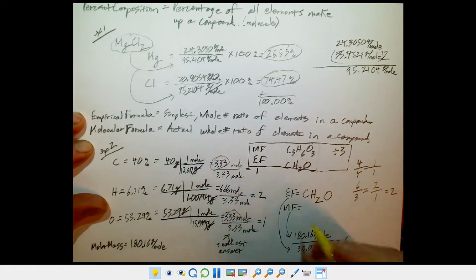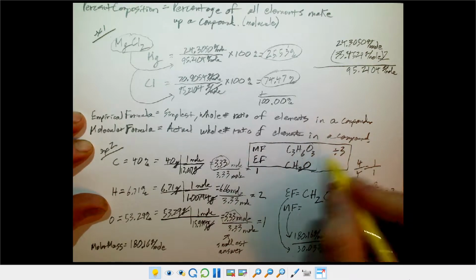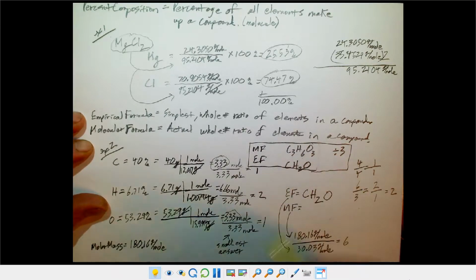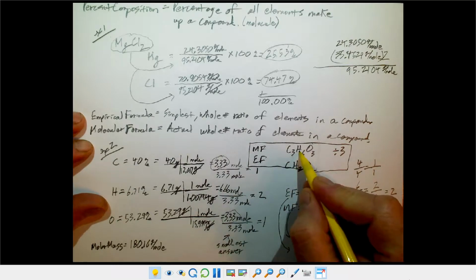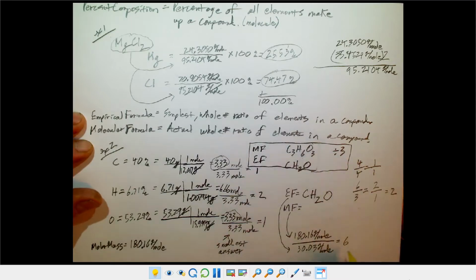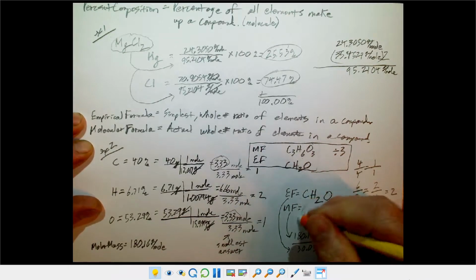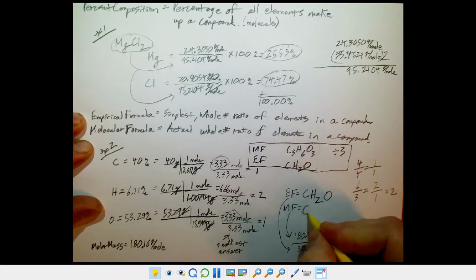That means the molecular formula is, remember how I divided by 3 to figure out the empirical formula? We're going to go the other way, from the empirical formula to the molecular formula. So we're not going to divide by 3, we're going to multiply. We're going to take these little numbers and multiply them by 6. That would give us C6, and 6 times the 2 gives you H12, and 6 times the 1 gives you O6.